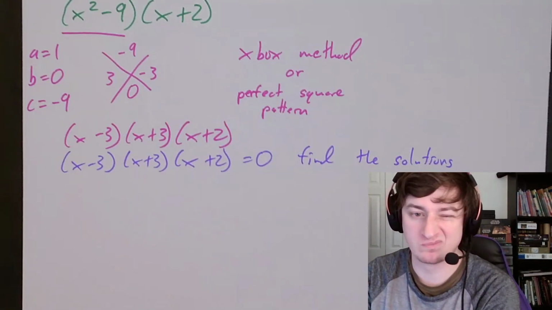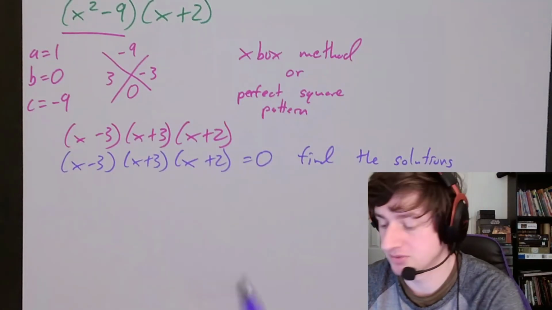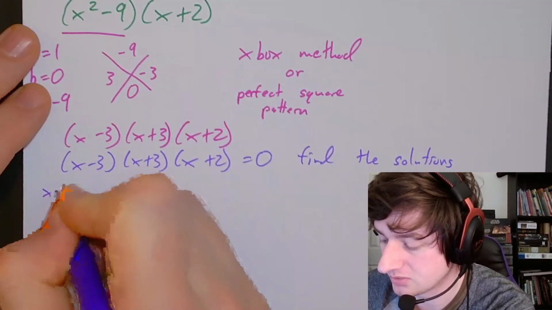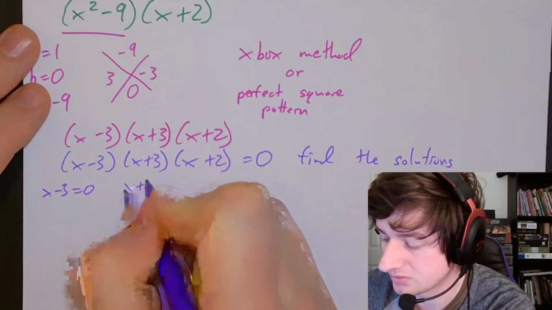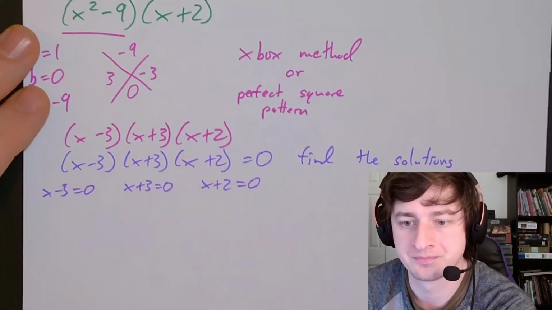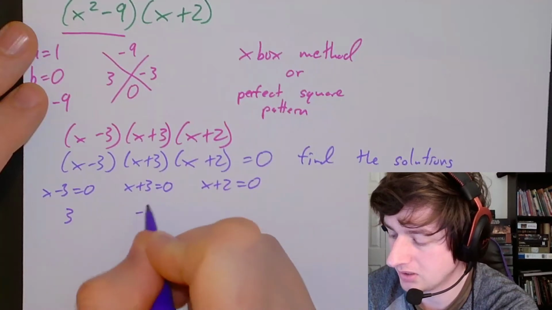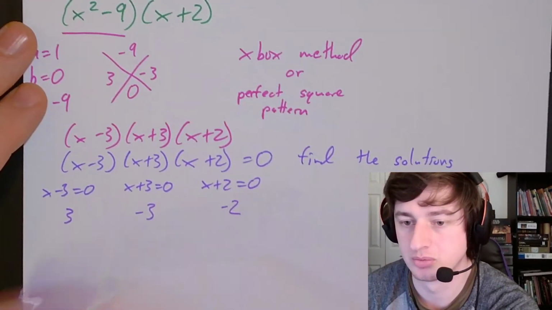You don't need to write out each equation, but you can. So we'd say, okay, x minus 3 equals 0, x plus 3 equals 0, x plus 2 equals 0. And so we get 3, negative 3, and negative 2.